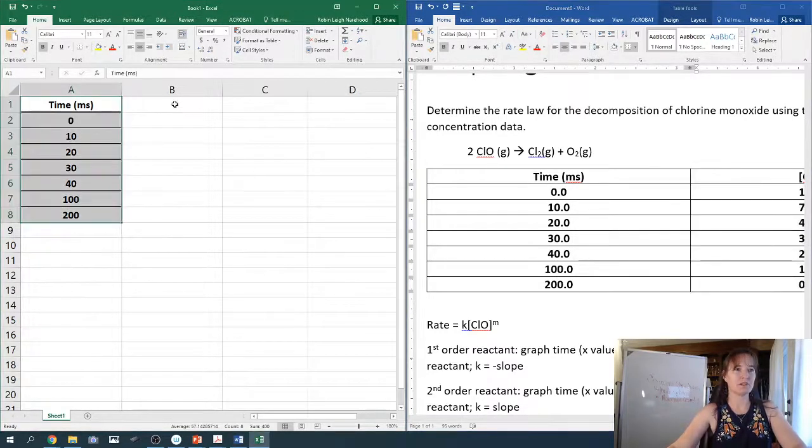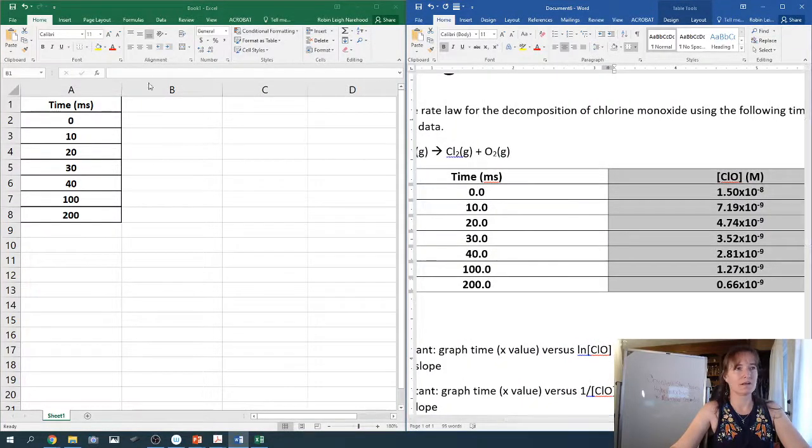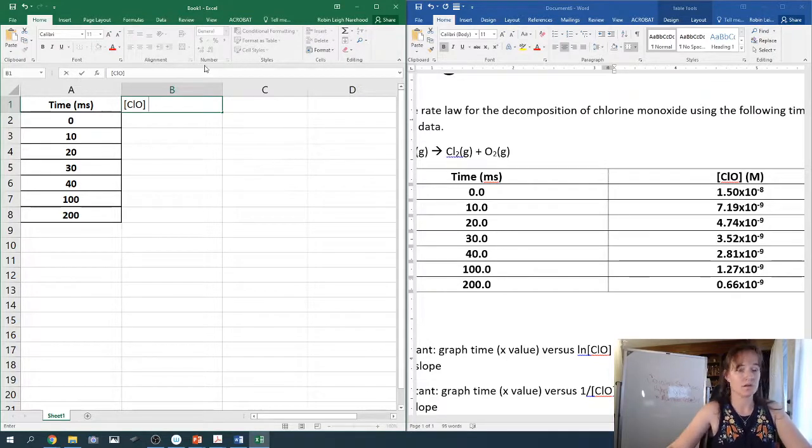I'm going to show you how to put in scientific notation. You want to put a heading. I'm going to make this centered so it's not in the way.